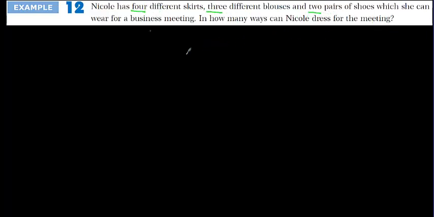Now in this question, Nicole has 4 different skirts, 3 different blouses and 2 pairs of shoes. How many different ways can she dress for a meeting? We are going to multiply all the possible cases here, because she is going to combine the skirts, blouses and shoes. She is going to wear them together. So 4 different ways, 3 different ways and 2 different ways.